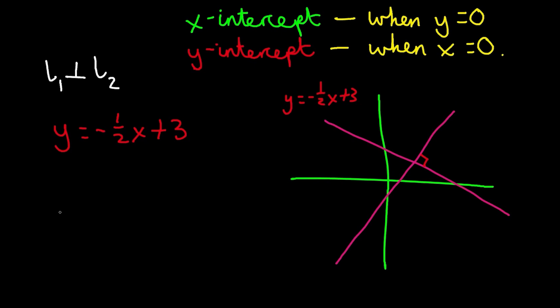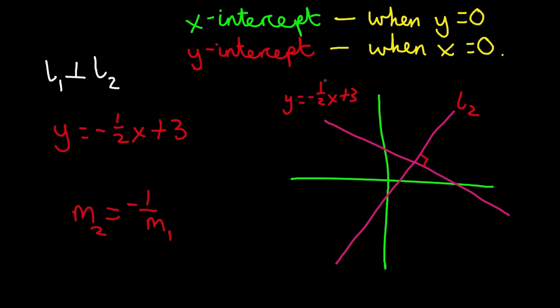The gradient of a line perpendicular to a line that you know is simply the negative reciprocal of that. So line 2 has gradient m sub 2, and that gradient is the negative reciprocal of m sub 1, and that's all it is.